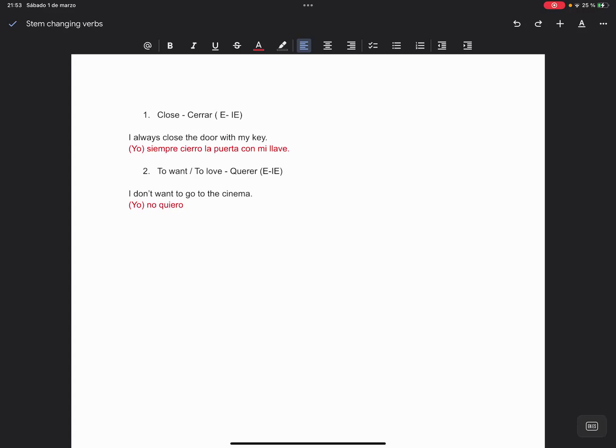You no need to change. You have already changed the first one, and we hardly ever change two verbs that are working together. I don't want to go, no quiero ir a el cine, but when we have a el together, that normally melts into al. So yo no quiero ir al cine. I don't want to go to the cinema.